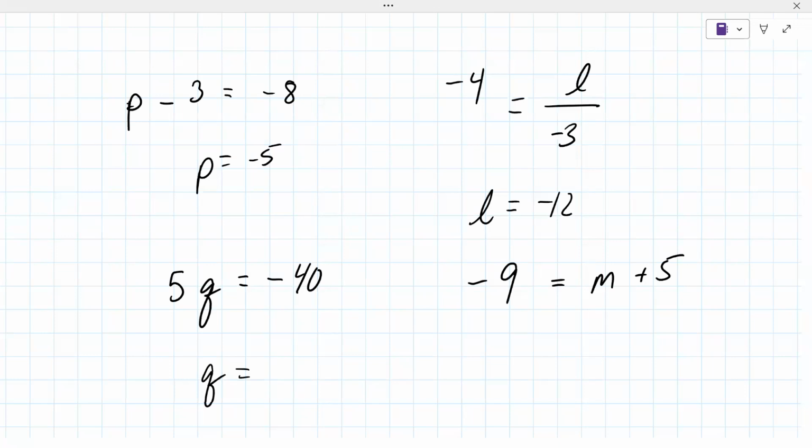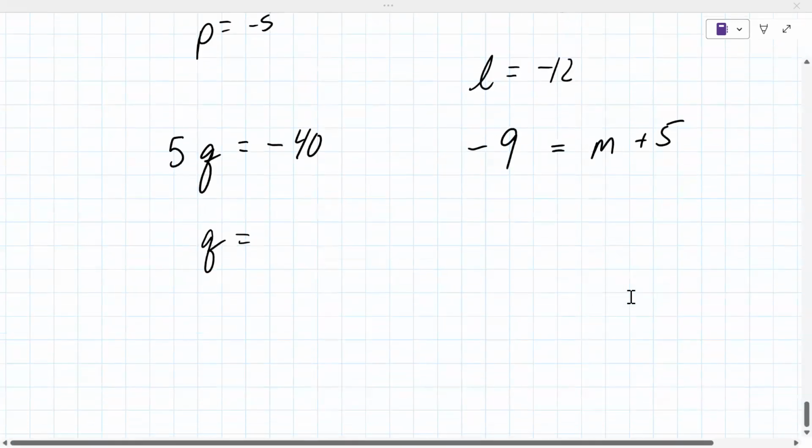Then 40 out of 80. No, 40. -8. So G equals -8.